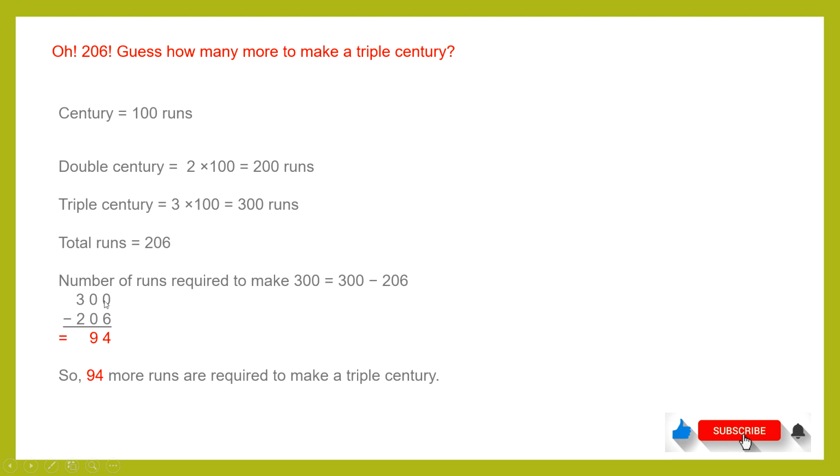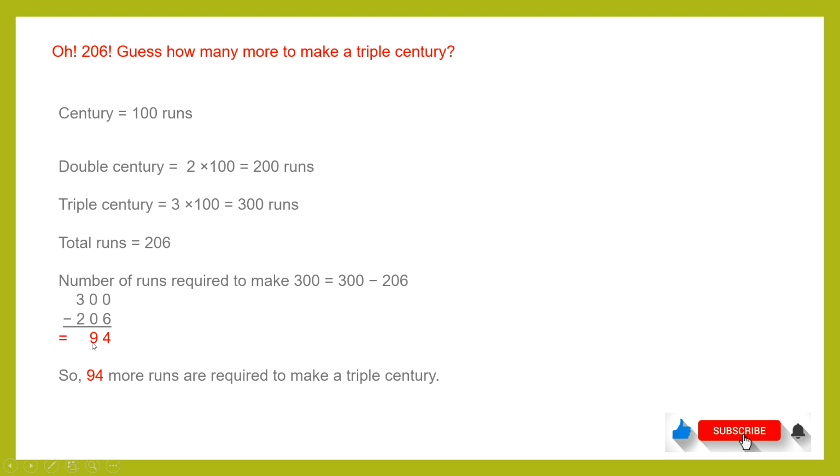How did we get 94? Here it is 0, so we cannot subtract 6 from 0, so this 0 has to borrow, but here is also again 0, so this 0 will again borrow, so it will become 2, and here it will become 10. When it becomes 10, it will give 1 to this 0 and this 0 will become 10, and the tens place 0 will become 9, and here at the ones place it is 10, so 10 minus 6 gives 4.